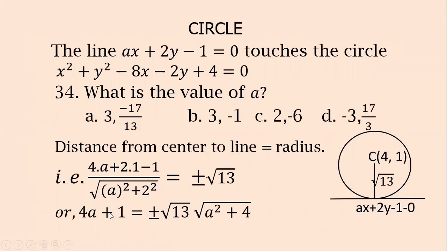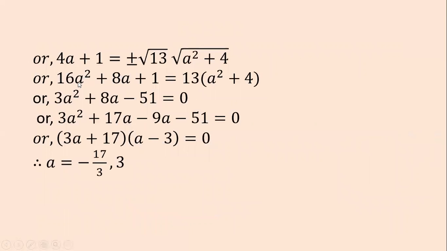This is 4a plus 1 is equal to plus minus root over 13 into root over a square plus 4. So making both sides square, using (a plus b) whole square and simple multiplication, we get these terms, and after the middle term we get two factors.